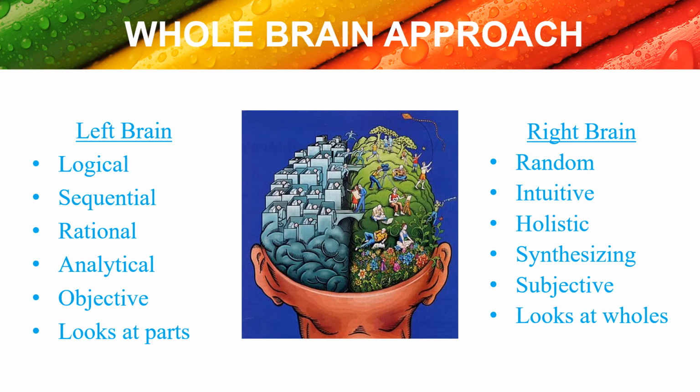So the two sides of the brain work in two different ways. But unfortunately, our education system does not emphasize the development of both sides of the brain. It is tilted, or I'll say very much tilted, towards the left brain side, where the syllabus and the curriculum are developed in such a way that they facilitate the activities done by the left brain.